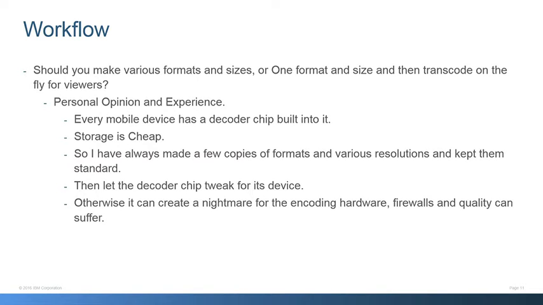Just remember, every mobile device has its own decoder chip built into it, so you can actually take advantage. You can do cloud transcoding, design it for all devices, then the device itself will customize it for that device versus forcing things out. You don't have to do a complete customization for every device. You do a general setting and it'll make it fit properly.